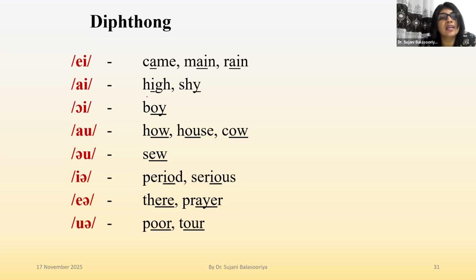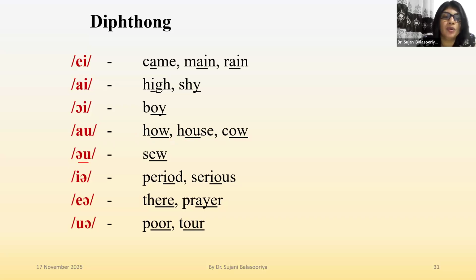And the second diphthong "ai" can be found in the words high, shy. The third one, "oi", like in boy and oil, right? The next one, "au", can be found in the words how, in the middle of words like house, and at the end of the word cow, right? And "ou" is a little bit uncommon.